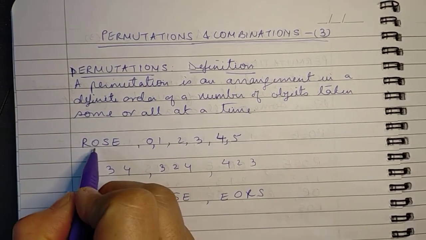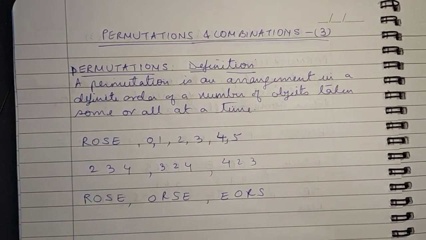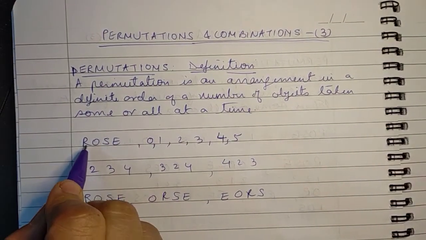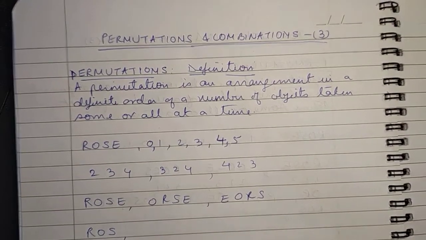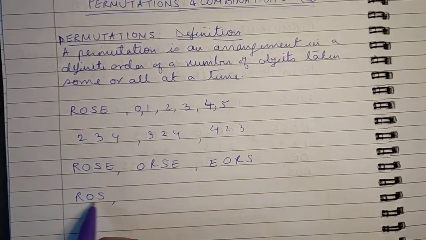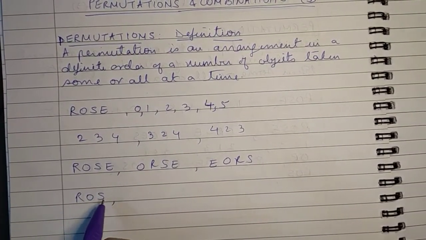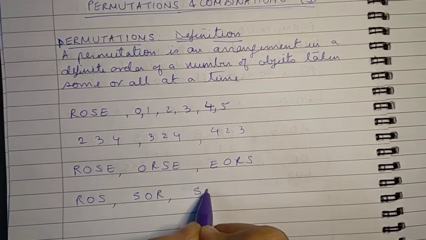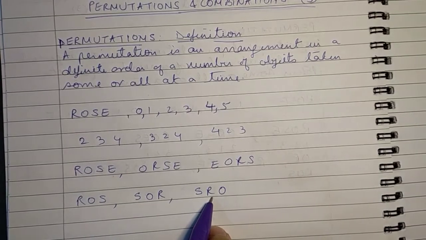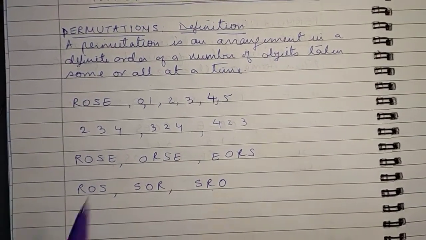Or if we are making, let's say, a three-letter word out of it, we could first choose any three letters, let's say R-O-S, and then each time we change the position of these alphabets, we keep getting different words, etc.